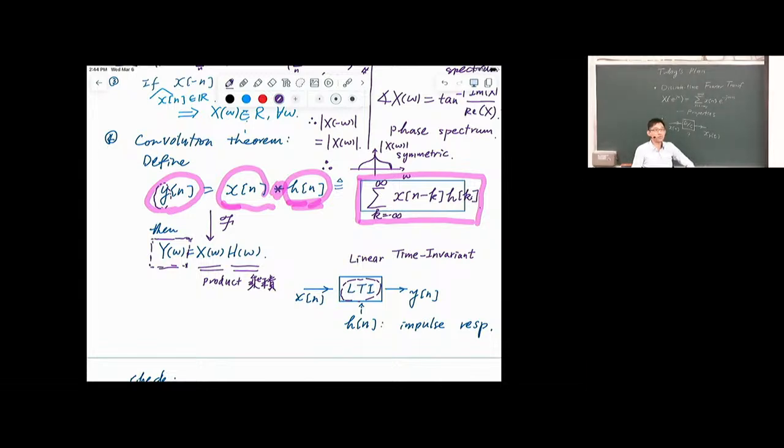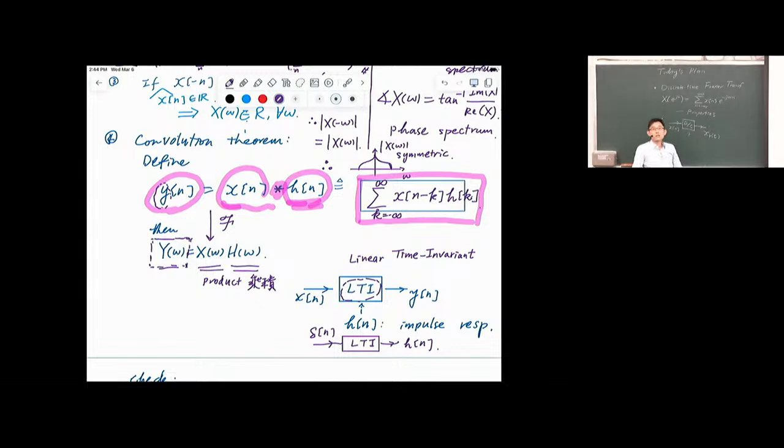How does the system respond to delta of n? When you have a system which is LTI, and we feed the Dirac delta function to it, the result is called the impulse response, h of n.